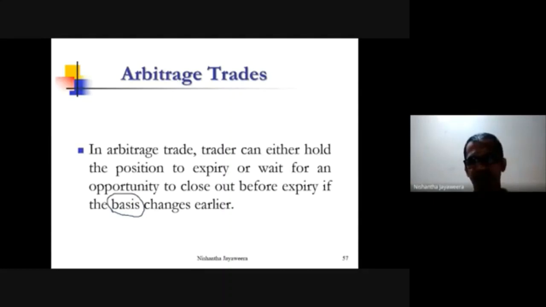Even before that, whenever you see the basis has changed in the way you want, you can close out before the expiry. But in that instance, you have to reverse all these transactions.